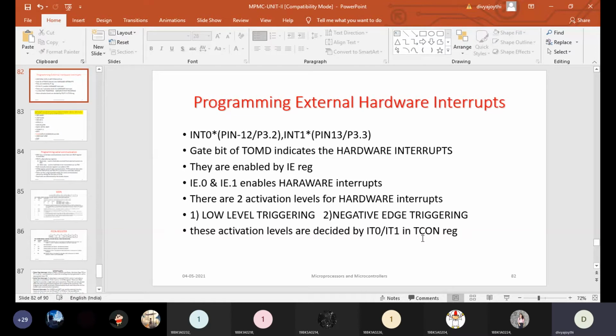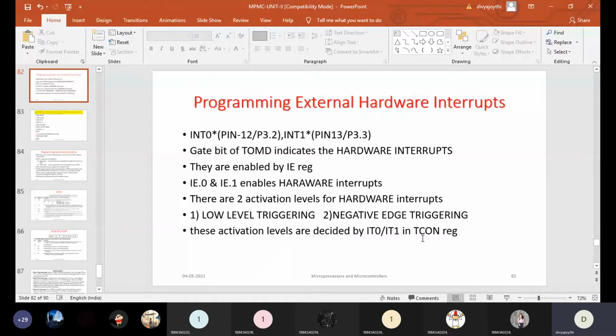As I am saying, 8051 has two hardware interrupts. In order to connect those external devices to the controller, there exist two pins. We can name them int 0 bar and int 1 bar. The hardware interrupts of 8051 are int 0 bar and int 1 bar.